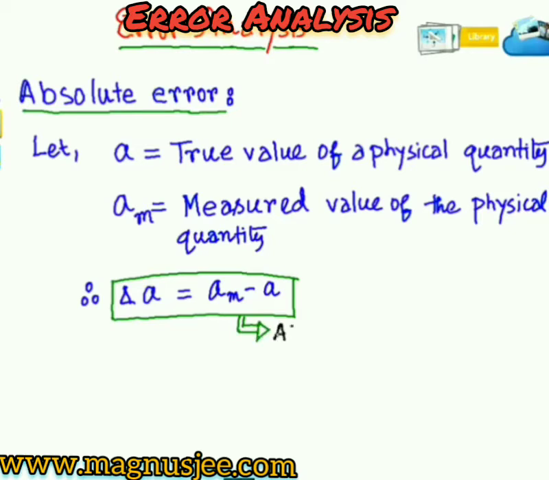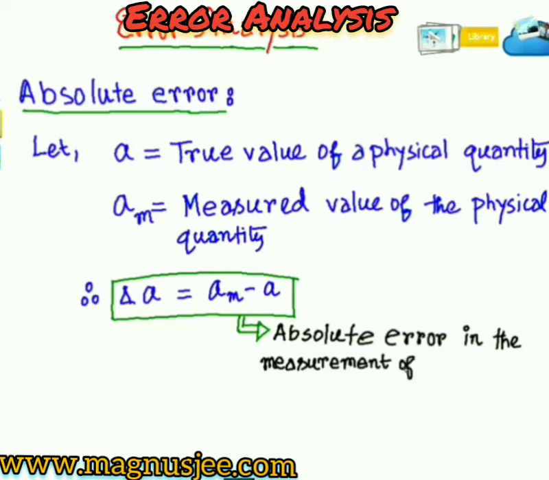That means delta A equal absolute error in the measurement of that physical quantity.